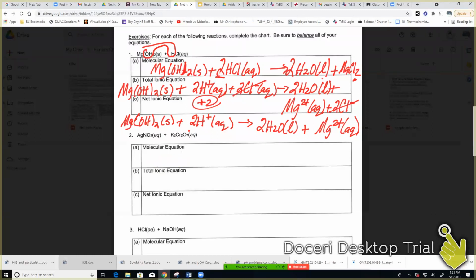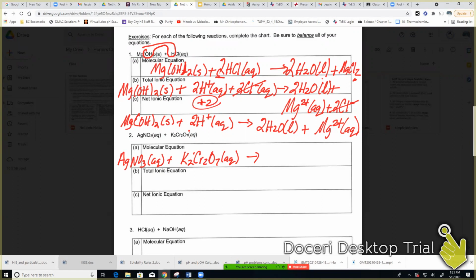I'm going to write too big, so let me start back over here. AQ plus potassium dichromate, K2Cr2O7, AQ. Now this is not an acid and base, this is two compounds, so that's a double replacement.